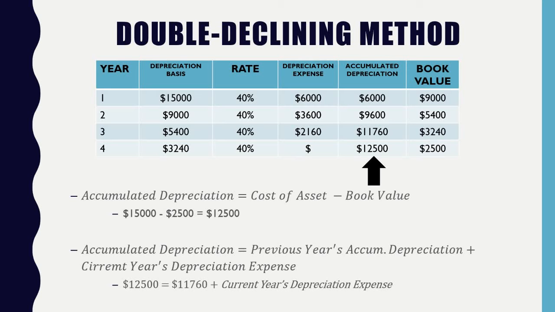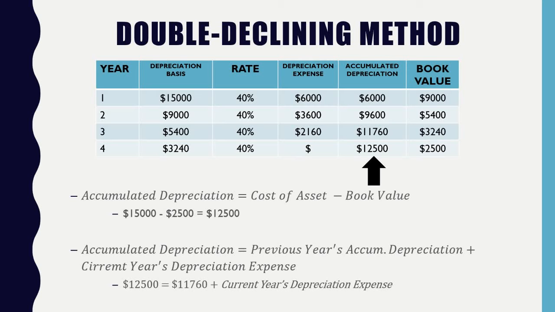Now that we solved for that, we need to go into one more contributing factor, because the most important factor that we need to solve for is my depreciation expense. I need to know how much I need to depreciate so I can journalize it. Now I have one more key factor, the accumulated depreciation.